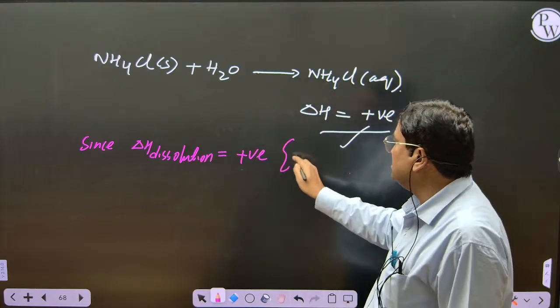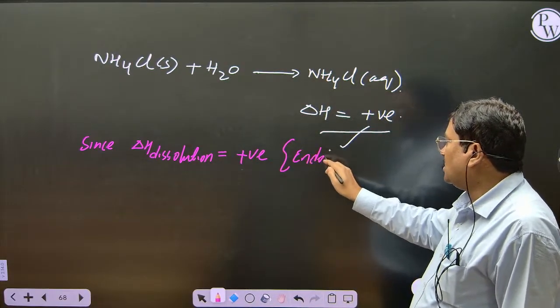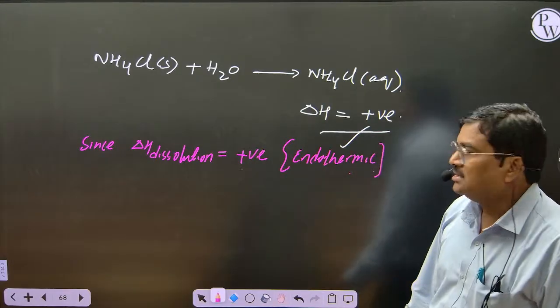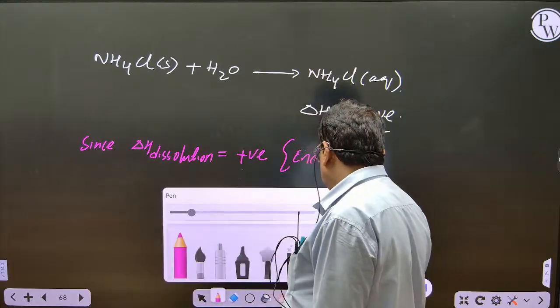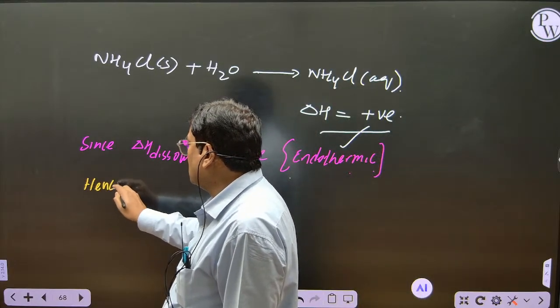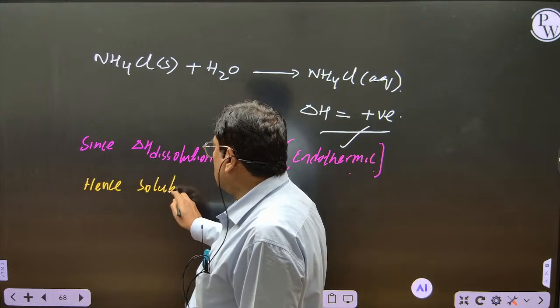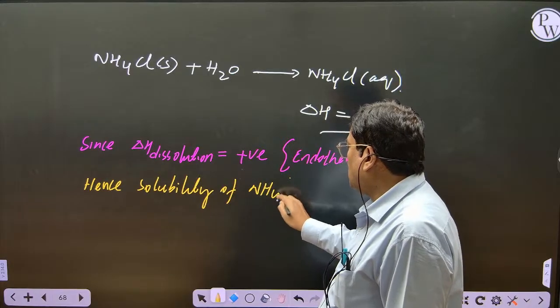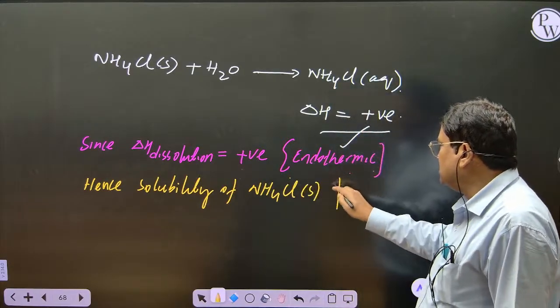Positive means it is endothermic. So what happens to solubility of this solid with increase in temperature? Hence solubility of ammonium chloride increases with increase in temperature.